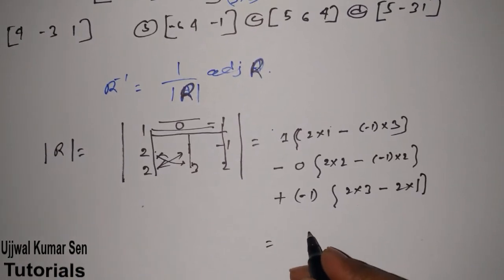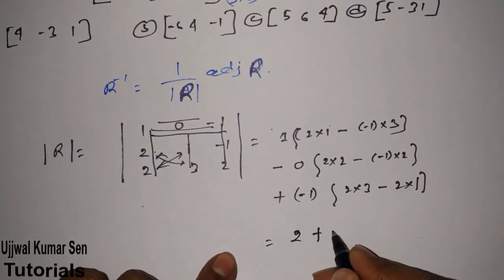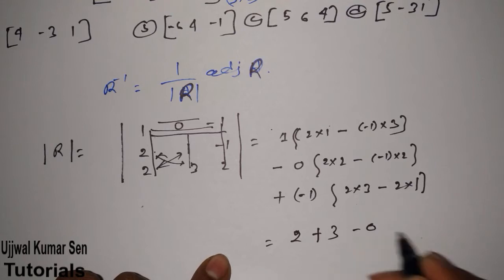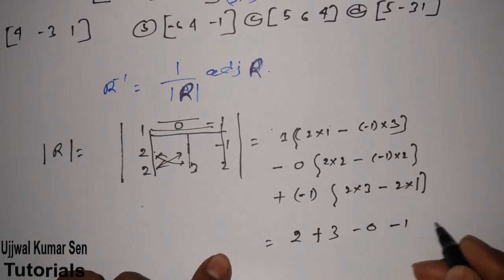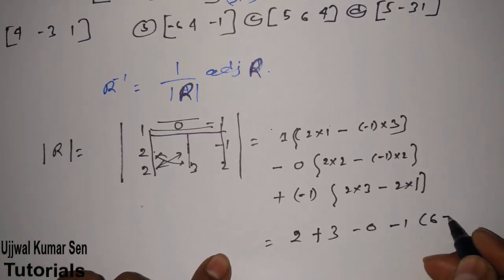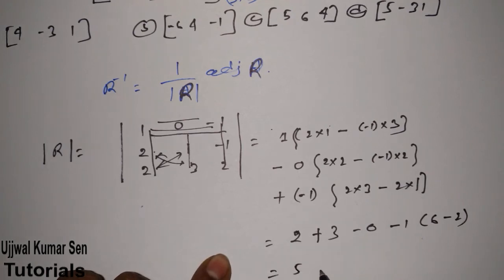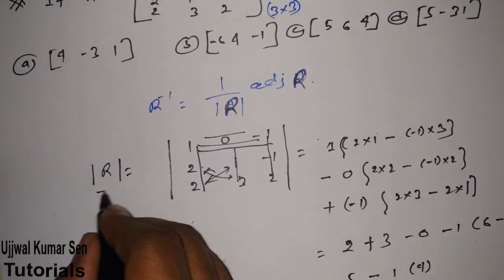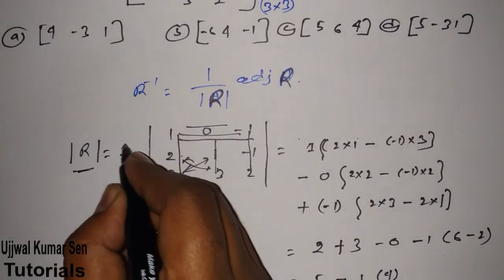So we get 2 plus 3, which is 5, minus 1 here, and 6 minus 2 is 4, so 5 minus 4 is equal to 1. That means the determinant of R is equal to 1.